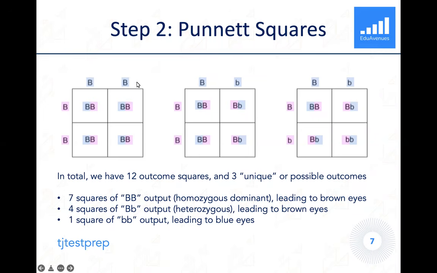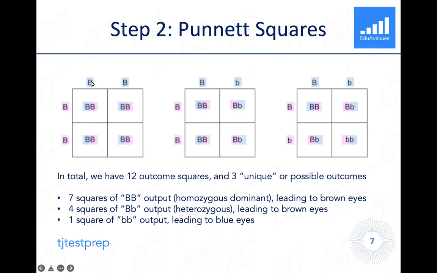So imagine, let's take this first Punnett square in the top left corner, for example. We have a homozygous dominant mating with another homozygous dominant, and each of the parents has two alleles that they could possibly pass down, the uppercase B and an uppercase B. And then we would go and put those two alleles on each of the axes respectively, and it gets passed down according to color.